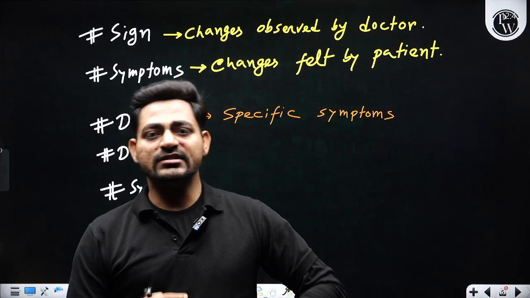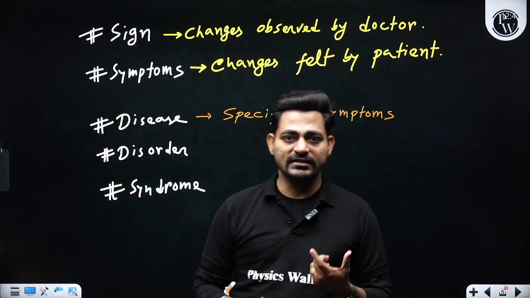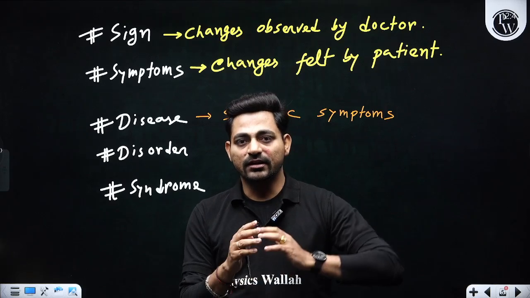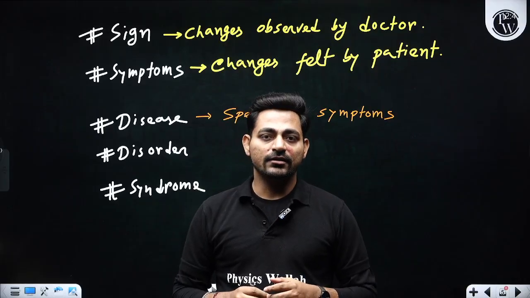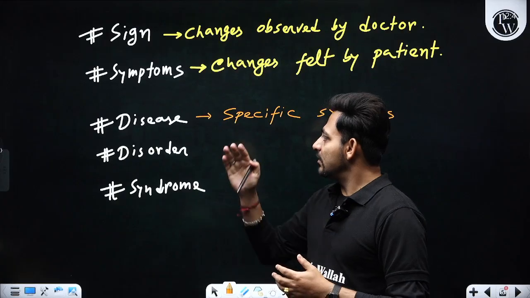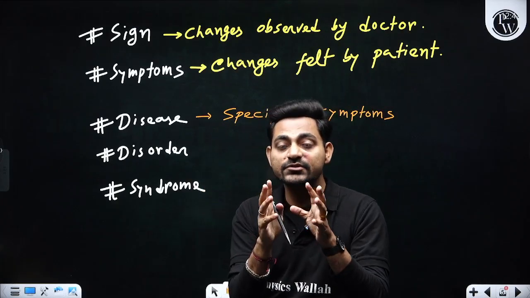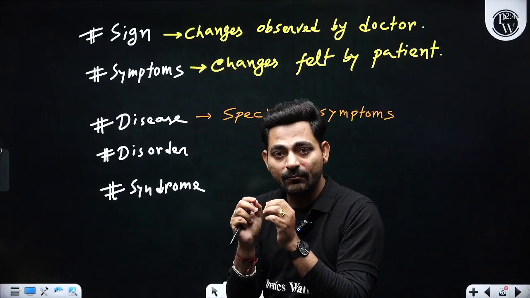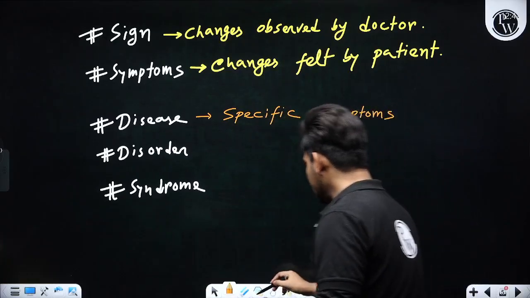Like if you are suffering from hepatitis, hepatitis is a disease. So what will be the symptoms? Jaundice, the yellowish skin, yellowish eye. Hepatitis is a disease, and the symptoms will be exhibited by the patient's body, that is jaundice, right?